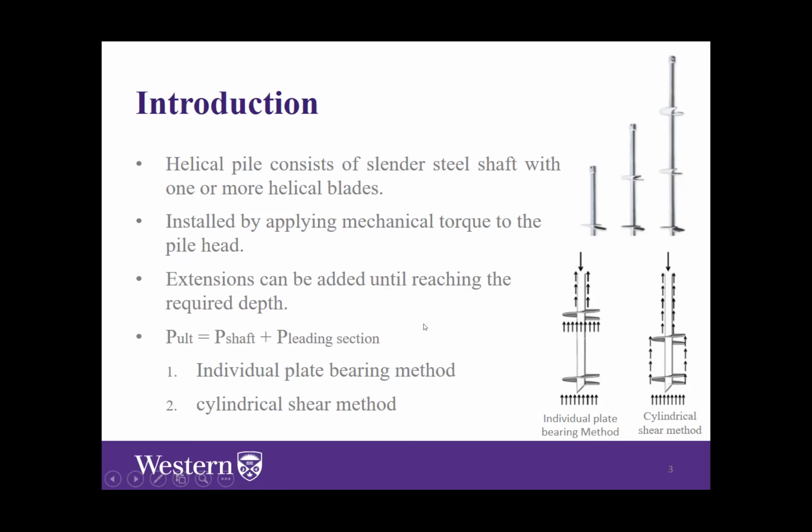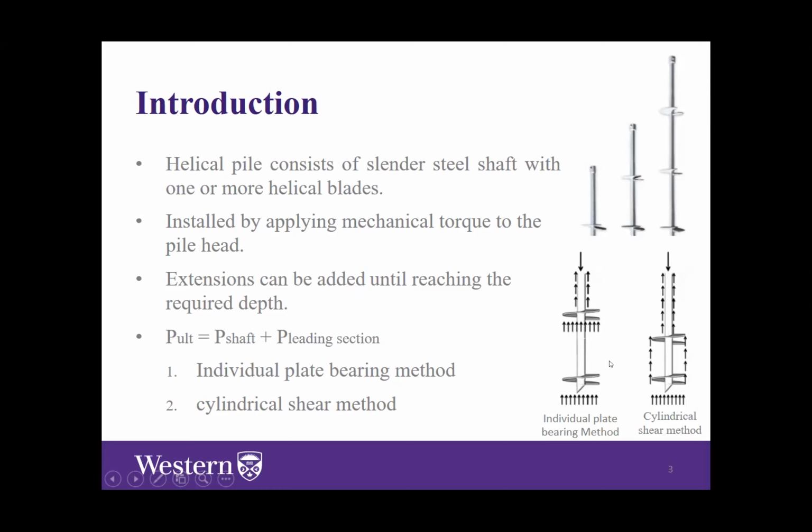The capacity of the leading section here can be calculated using one of the two methods here. Either the individual plate bearing method, so each plate acts individually and develops bearing resistance, or the cylindrical shear method. So the two helices and the soil enclosed between them act as a cylinder. We have a friction resistance in the cylinder and bearing resistance at the lower plate.